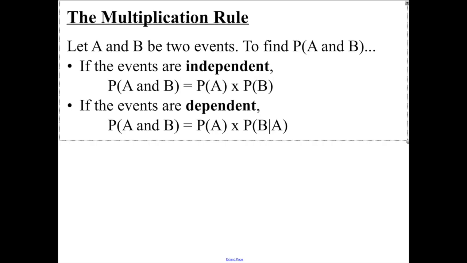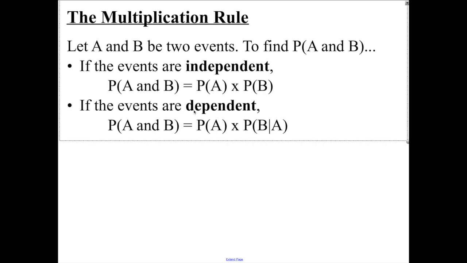So if we have 2 events, to find the probability that both of them will occur, if they're independent, you simply take their individual probabilities and you multiply them by each other. So the probability that A and B both occur, if independent, is the probability that A occurs times the probability that B occurs.